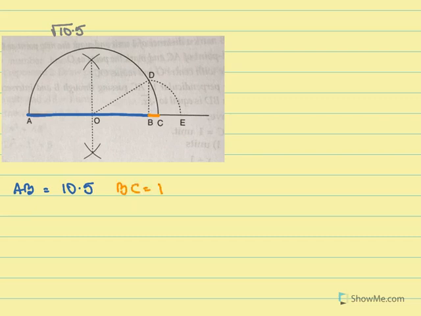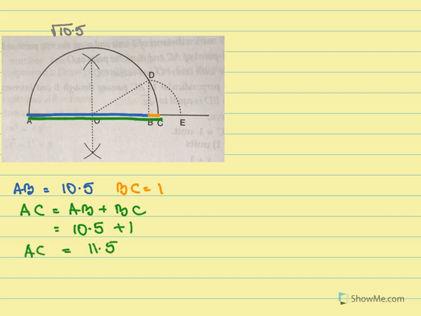So now we get the entire AC. So the entire AC equal to AB plus BC, 10.5 plus 1. So your AC is 11.5.